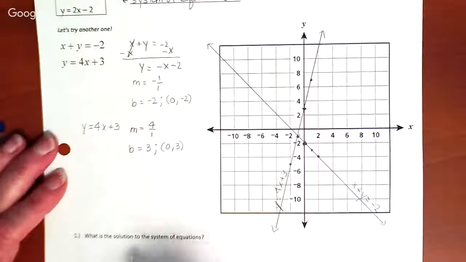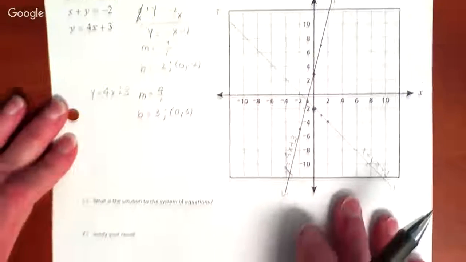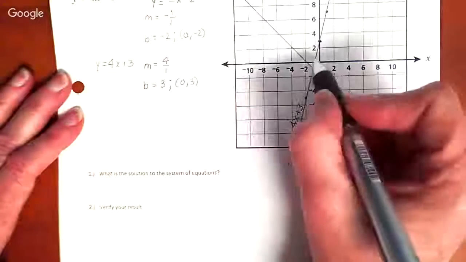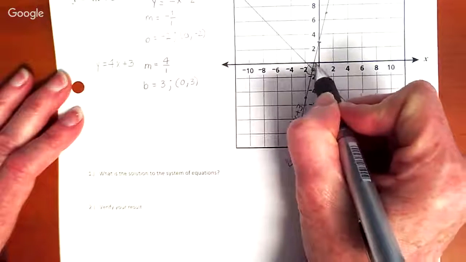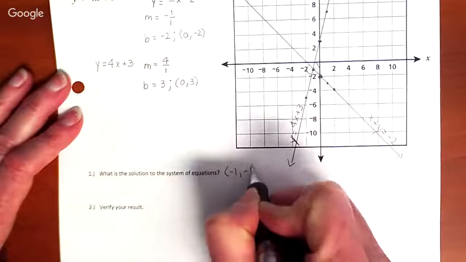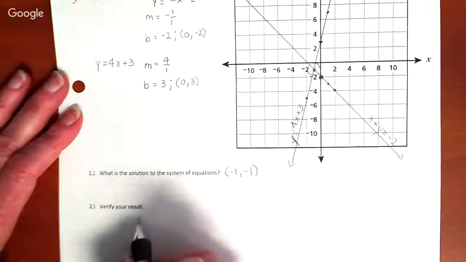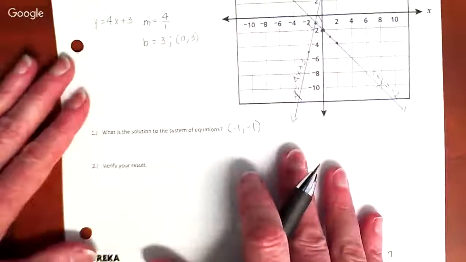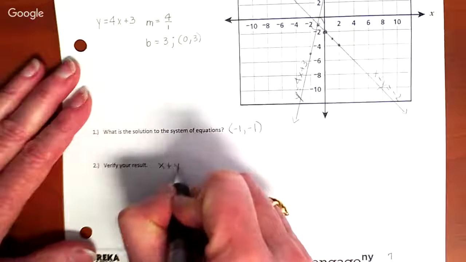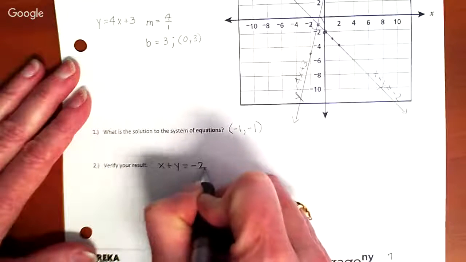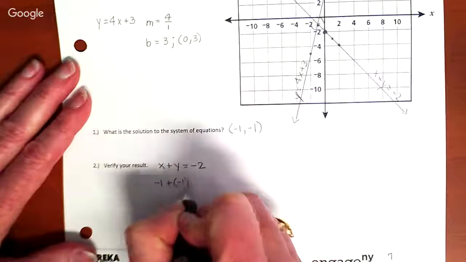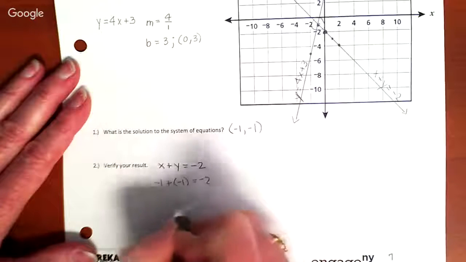It says, what is the solution to the system of equations? And here we have negative 1, comma, negative 1. It says verify your results. So let's put them into both of these equations. We have x plus y equals negative 2. So I have negative 1 plus negative 1 equals negative 2.